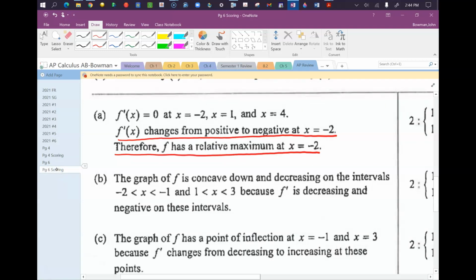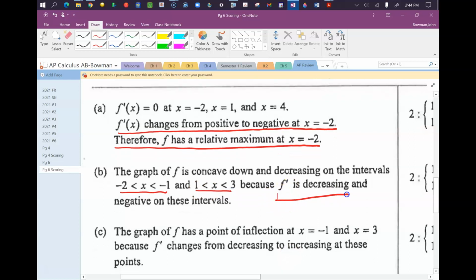If we jump over here to the scoring rubric, this is also worth 2 points. The graph of f is concave down and decreasing on the intervals -2 to -1 and 1 to 3, because f prime is decreasing and negative. Notice they write everything in terms of f prime, which is what they have a graph of.